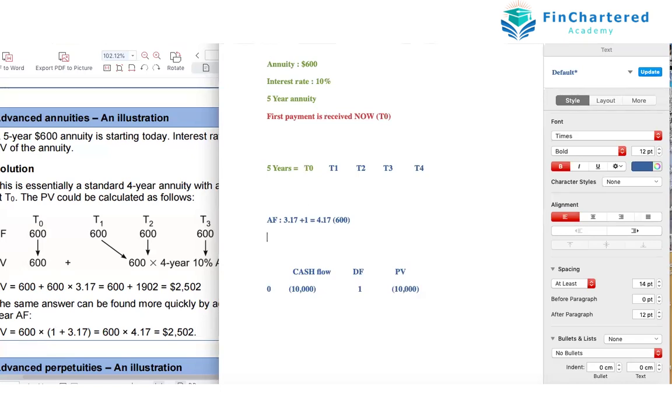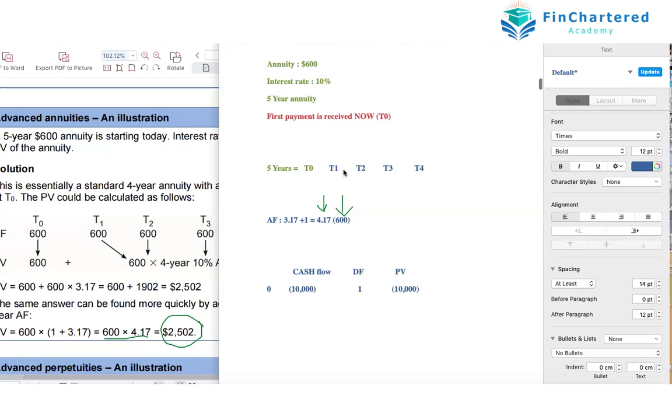This is the annuity factor, this is the future value. 600 into 4 should be 2,400 something, but because there is 0.17 here, the precise present value of 600 into 4.17 is 2,502. I hope this was not very complex.